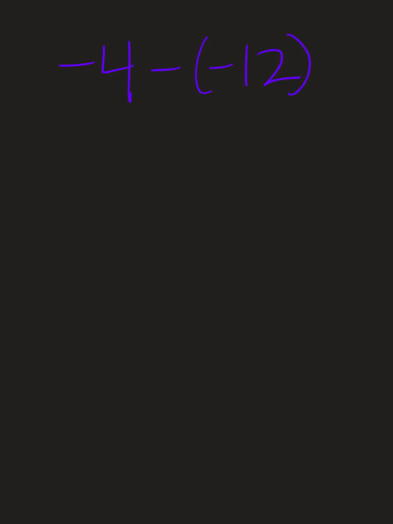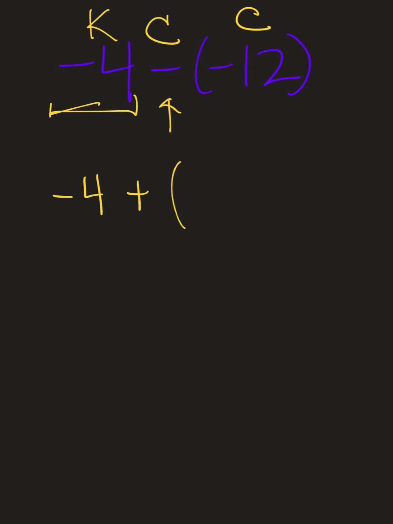Again, I'm going to use my additive inverse. I always keep the first one, so keep the negative 4 just as it is. I'm going to change this sign to addition, and then change the sign of the last one from negative 12 to positive 12. So negative 4 plus 12.